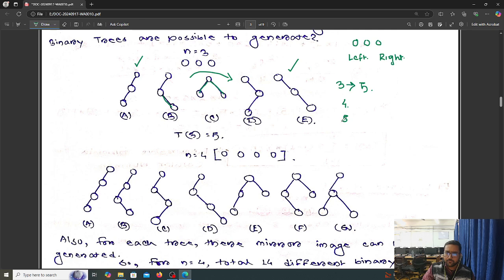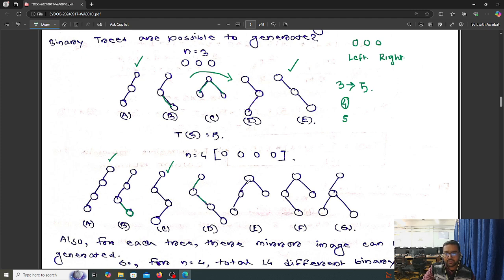So okay, for 4 nodes, what can we do? We can do all left skewed, or instead of taking the last left child, we can take the last child as a right child also, or we can make a jumbled order like this, or we can take only a left child and then all the right children.